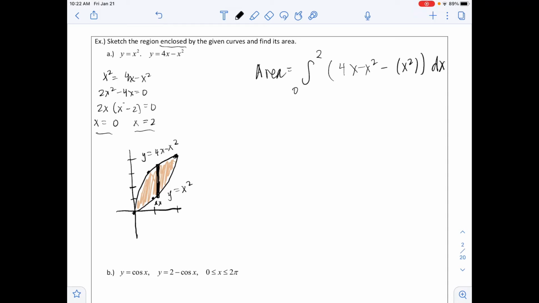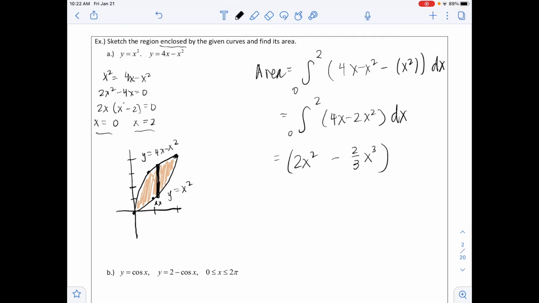We can combine our like terms and simplify this. So we have from 0 to 2 is our integral. And we end up with 4x minus 2x squared dx. And then integrating this, we arrive at 2x squared minus 2/3 x cubed.